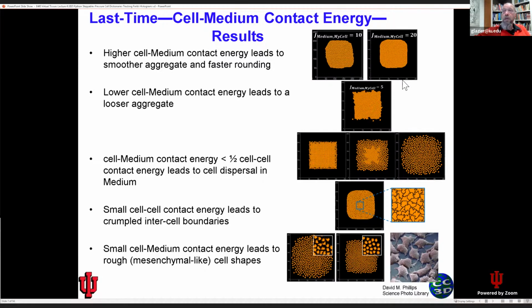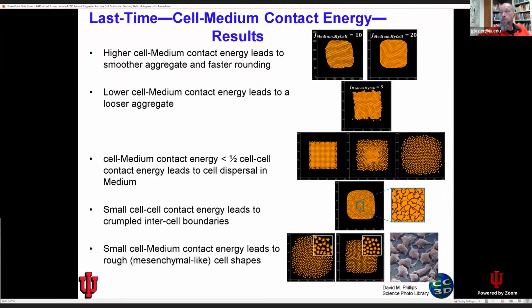The bigger the cell medium contact energy is, the more smooth and rounded the aggregate will be. And so one can play games with those things, trying to decide which of these situations is more realistic biologically. All of these occur in biology.